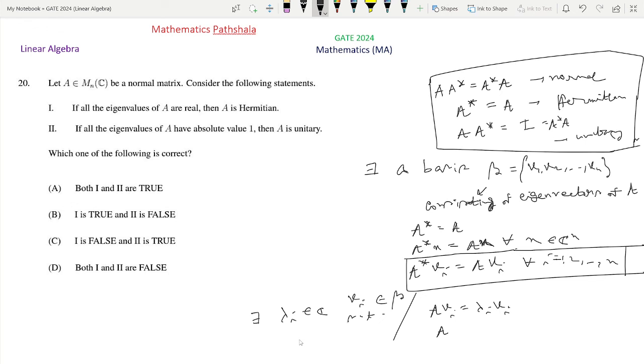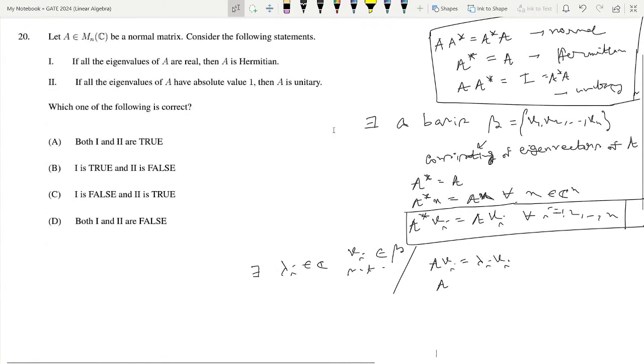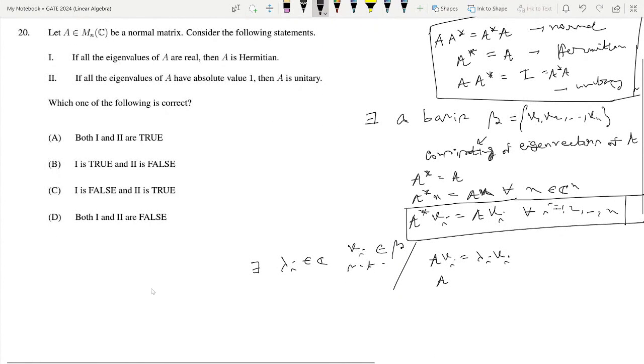So we need to write this result here, what we use now.